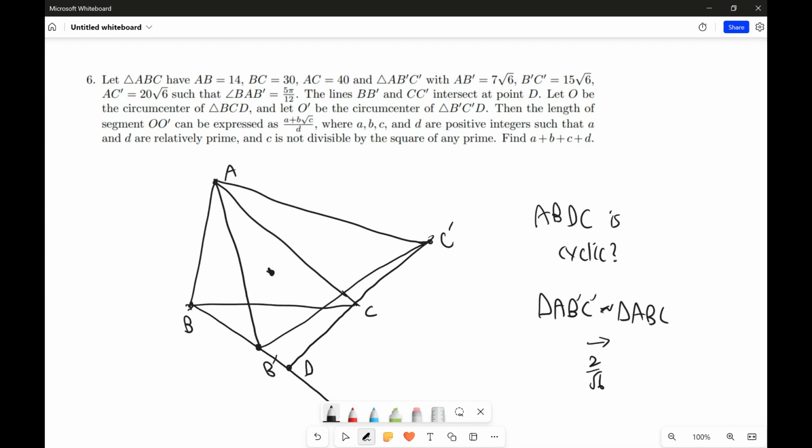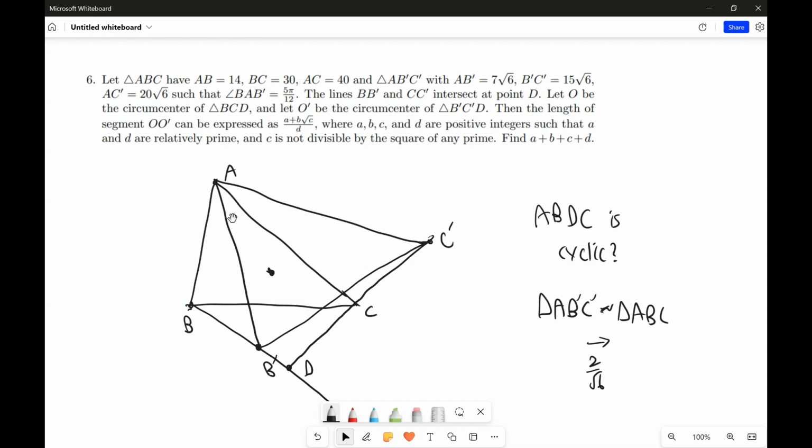So how can we use this similarity? Recall my video on spiral similarity, which states that if ABC is similar to AB'C', and BB' and CC' intersect at a point D, then the circumcircles of BCD and B'C'D' intersect at the center of spiral similarity.